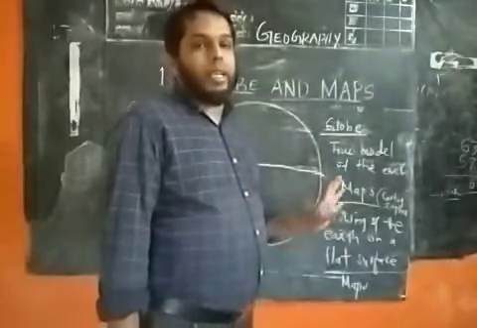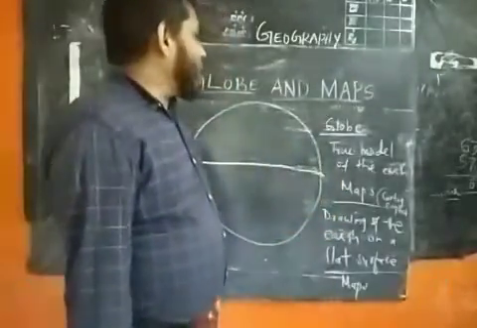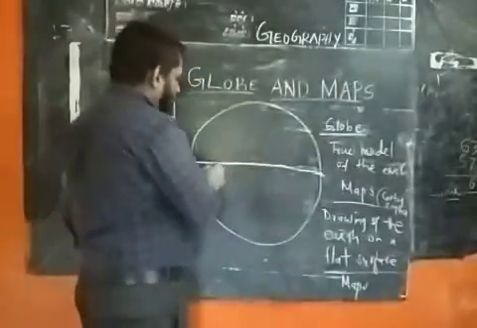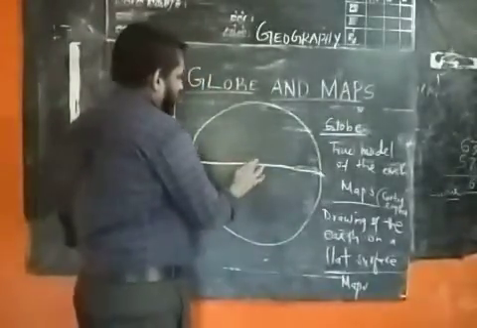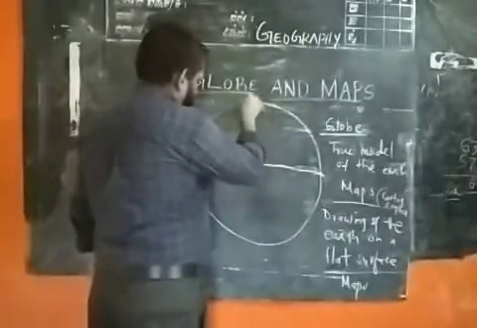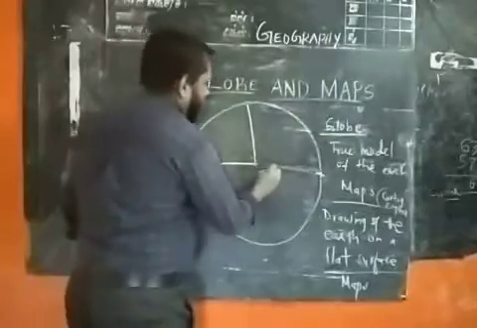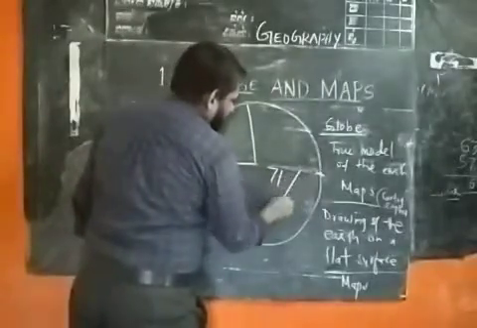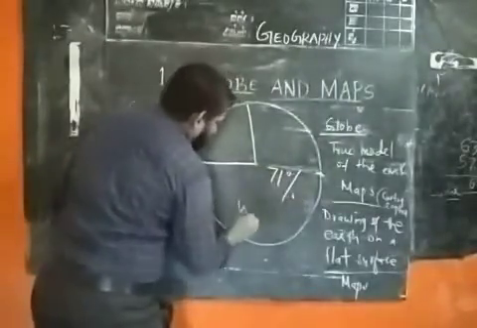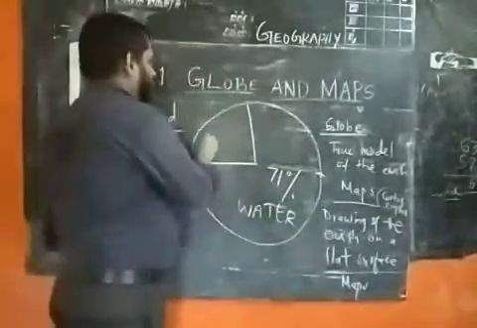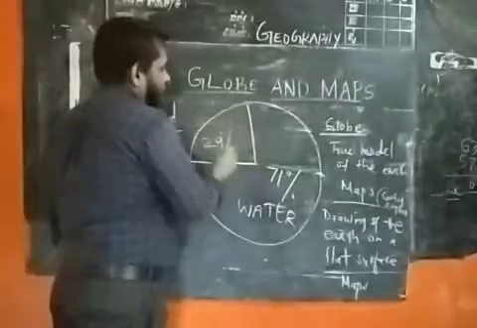You may have seen that approximately 71% of the earth is covered by water, and the remaining 29% is only land.